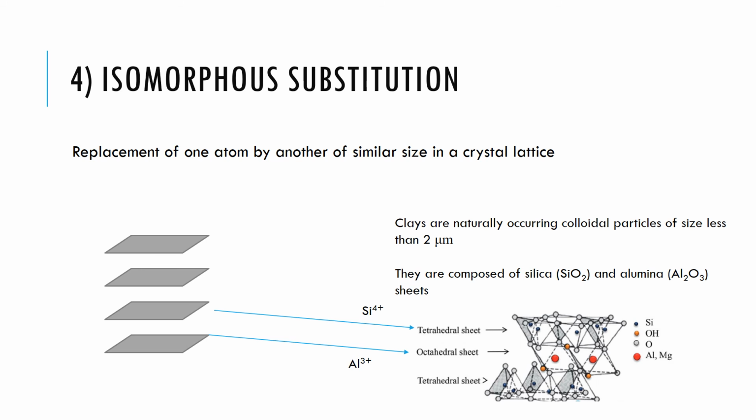Now, we can also perform something called isomorphous substitution. And here we are replacing one atom within a crystal structure or a crystal lattice by another of a similar size. A good example of these systems is clays.